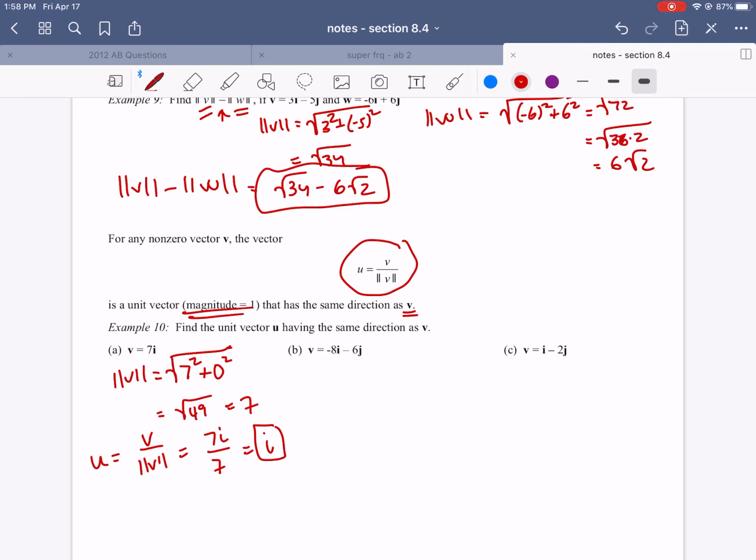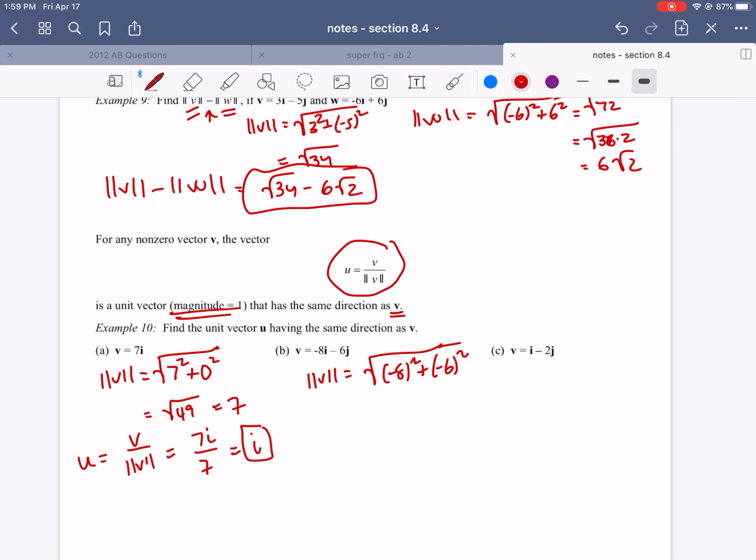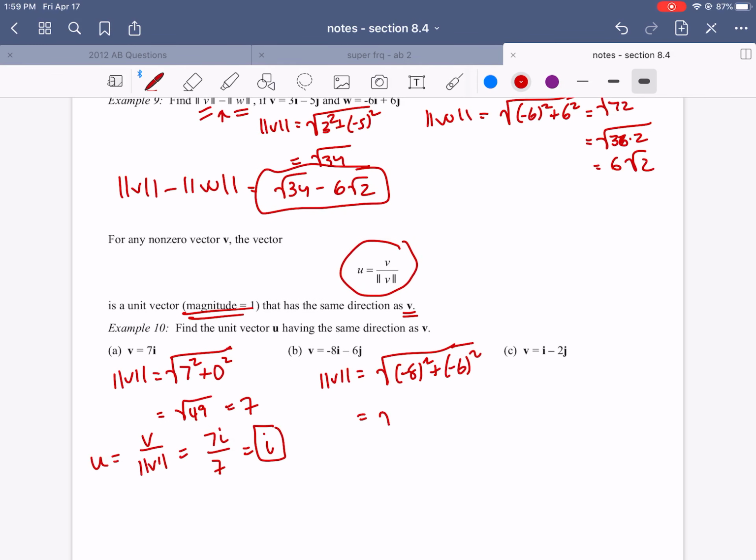Okay, letter B is very similar to this. First things first, we want to find that magnitude just like we did before. This is going to be the square root of negative 8 squared plus negative 6 squared. Putting that into your calculator, you get 64 plus 36, which ends up being 100, so the magnitude is 10.